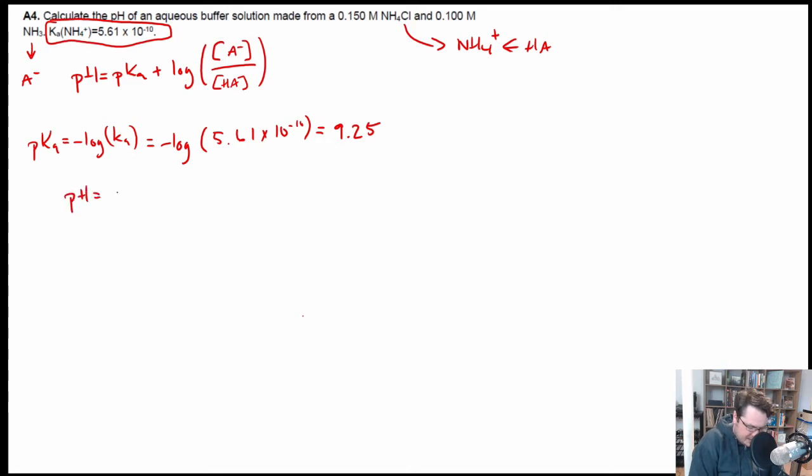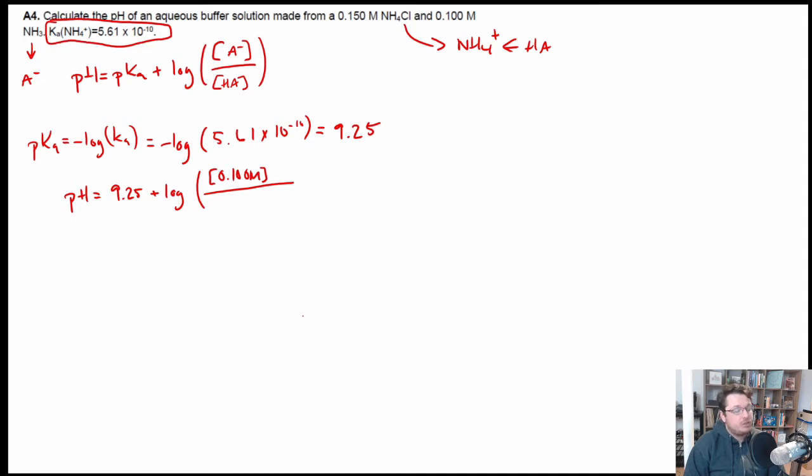So we have the pKa of 9.25 plus the log of the concentration of A minus, which in this case is the NH3. The ammonia is going to be the weak base in this scenario. So that's 0.100 molarity over the concentration of the weak acid that's part of this buffer, which is the ammonium chloride concentration.